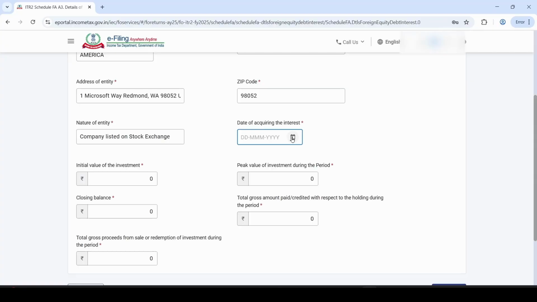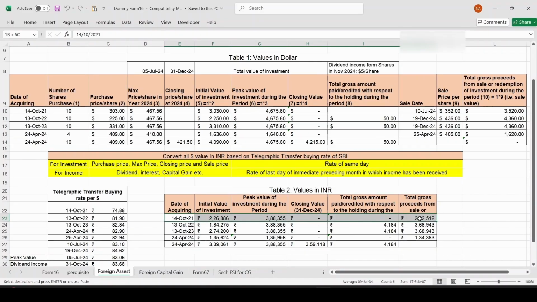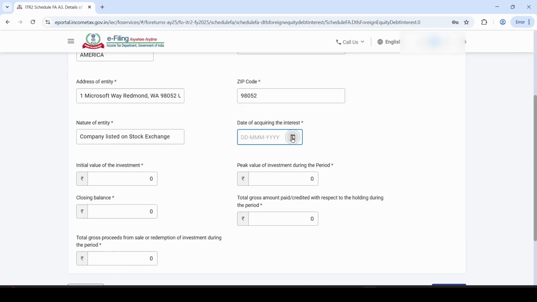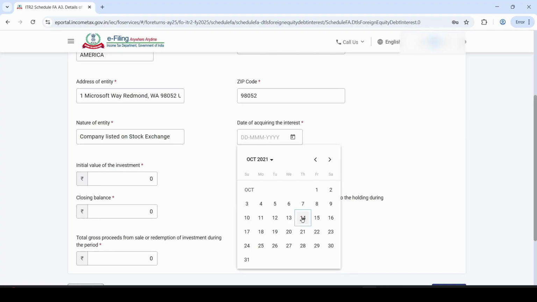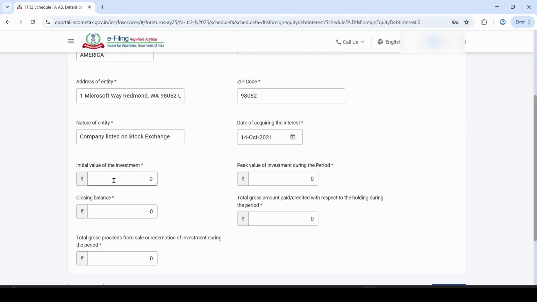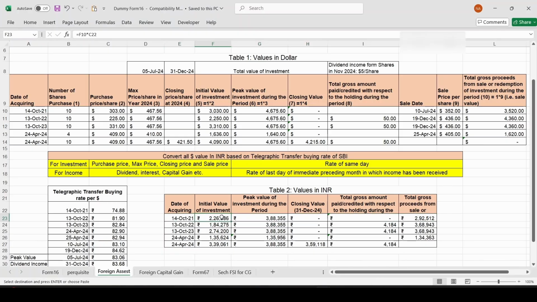Date of acquiring. So this is my FA details. Date of acquiring is 14 October 2021. Initial value of investment. Initial value of investment in INR is 226,886.